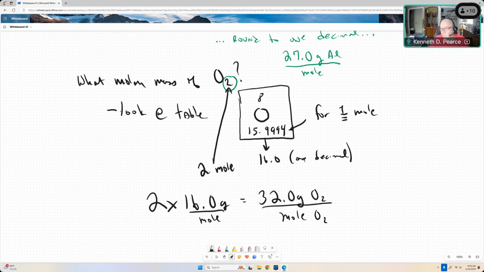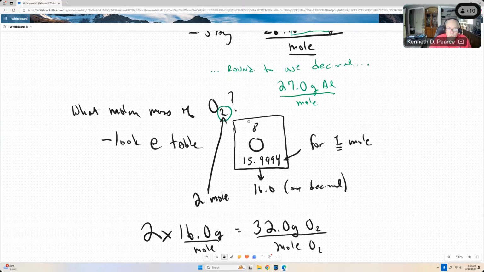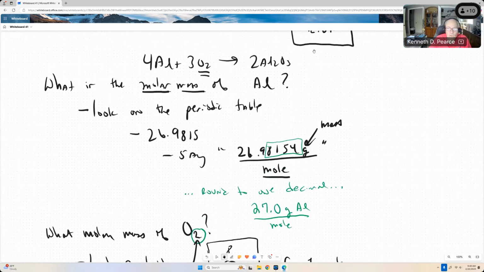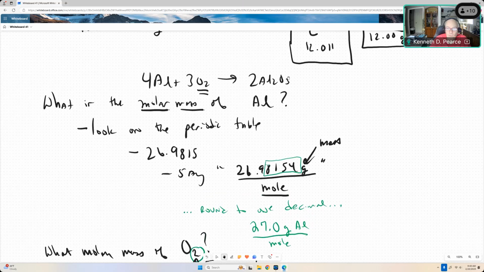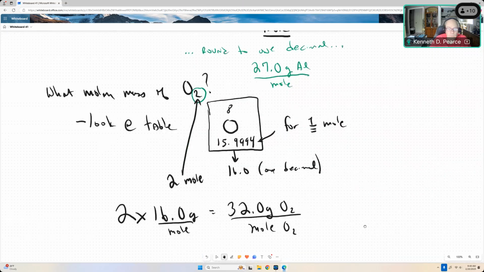All right, now, let me pull this down here. What about the aluminum oxide up here? What about those guys? Well, we do the same thing. Let me change colors on my pens here.